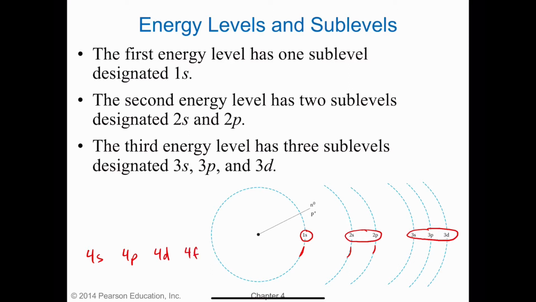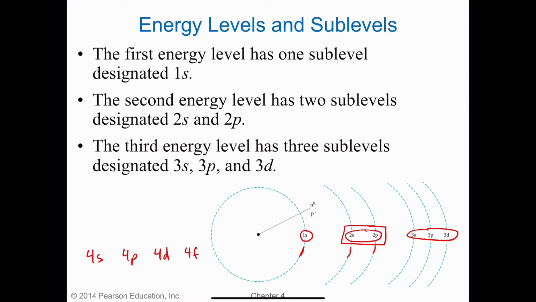And then the fifth one theoretically has 5. All of that fifth sublevel is never even used, so we don't have a real letter designation, if you will. But we talked about how these two are very, very similar in energy level. So this 2s and 2p together, those are two sublevels, and those comprise the second energy level.